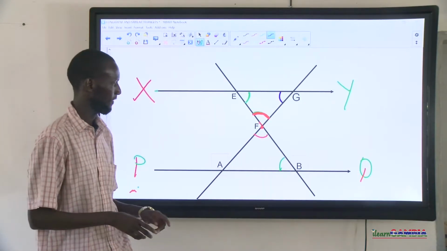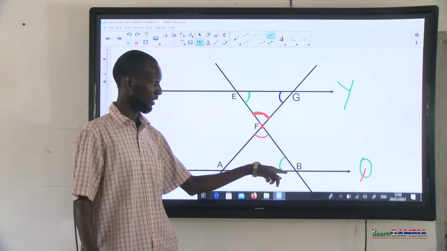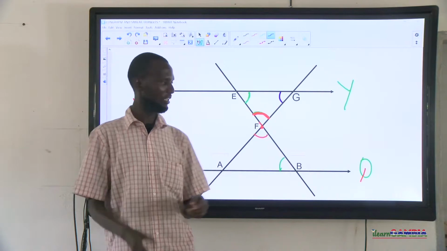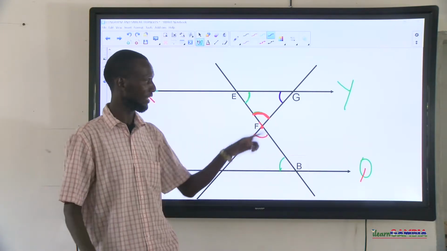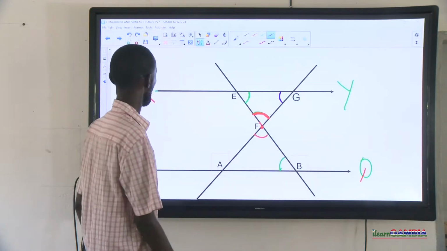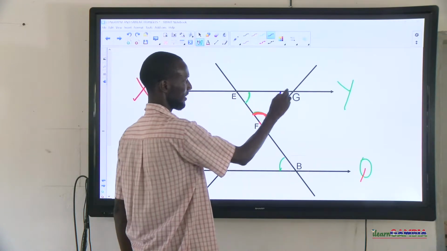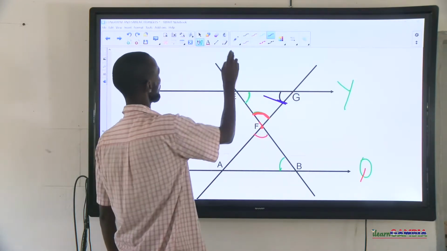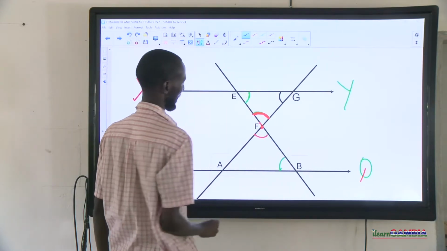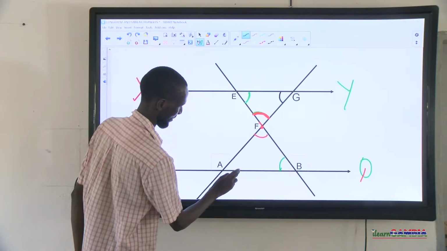We have seen that if these two angles are already equal, and we know that the sum of angles in any triangle is 180, then the third angle should be equal. All right? So therefore, this angle right here, that's angle EGF, this angle here in black, should be equal to this angle FAB. That's this angle right here.